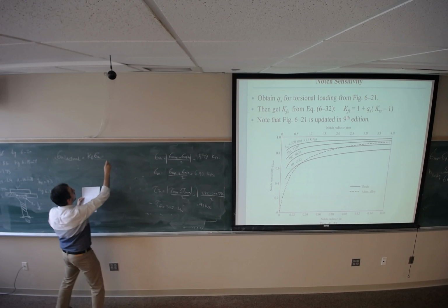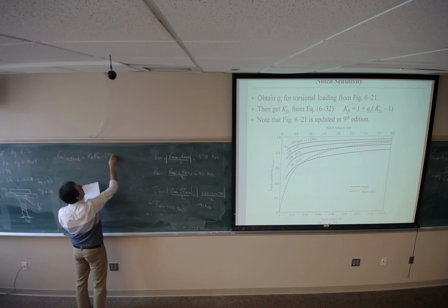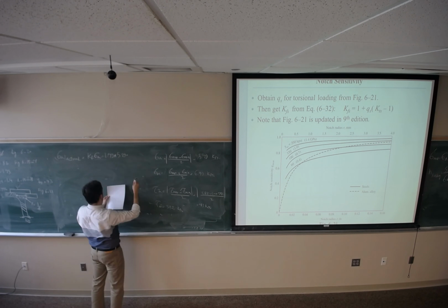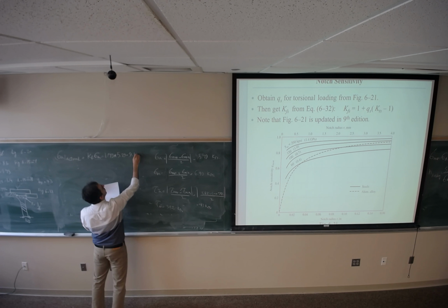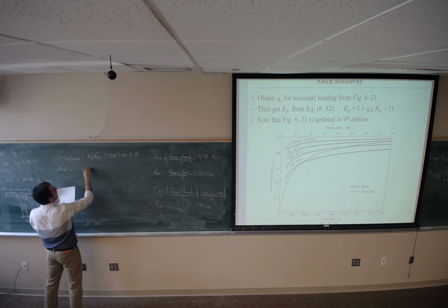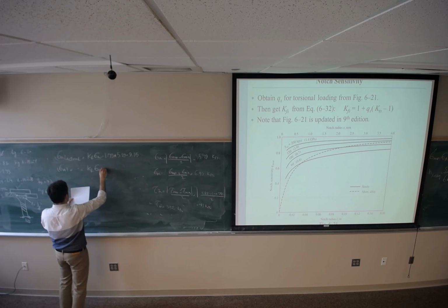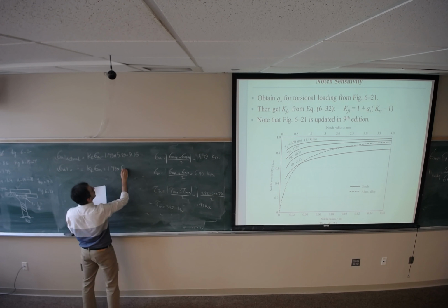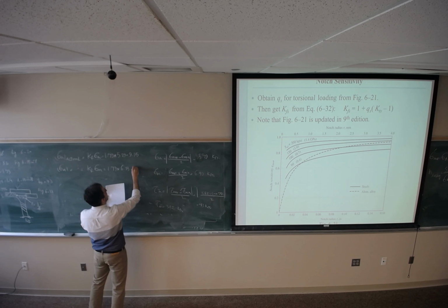Kf was 1.73, sigma a is 5.29. I will get 9.15. Sigma m for actual would be Kf times sigma m, 1.73 times 6.93, 11.99 kpsi.